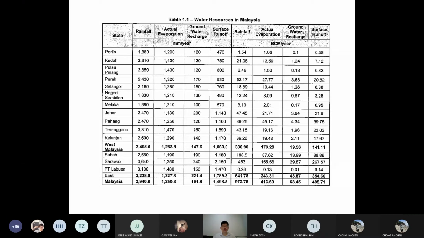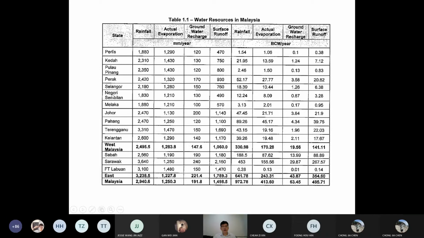So 51% of the total rainfall will turn to be surface runoff. This may give the opportunity for the hydrology engineer to design a better drainage system to drain off and prevent the flood.